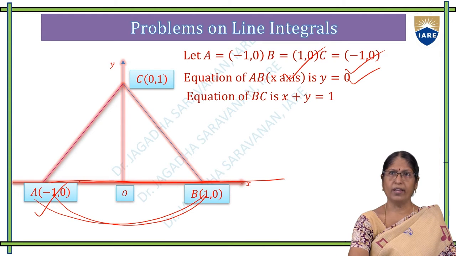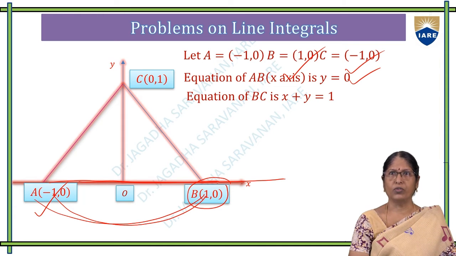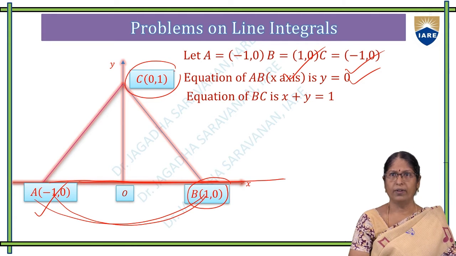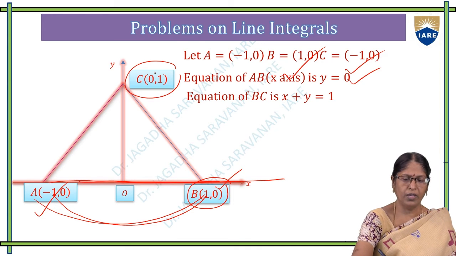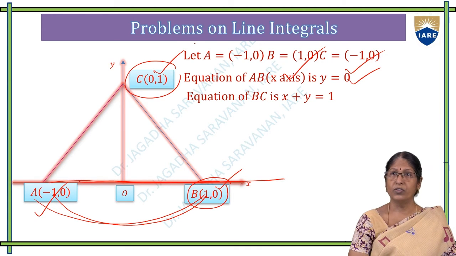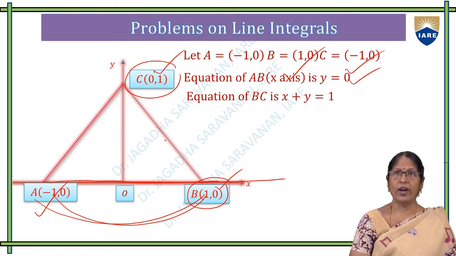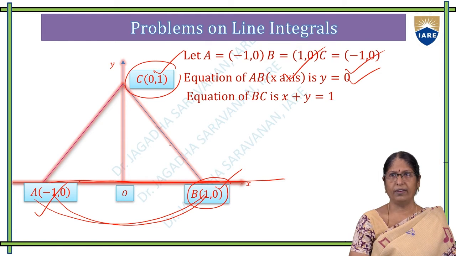The next one is the equation of BC. That is, our B is 1, 0. Our C is 0, 1. Here one point is 1, 0. Here another point is 0, 1. Two points are there. And the line joining the 2 points, what is the equation of that line?